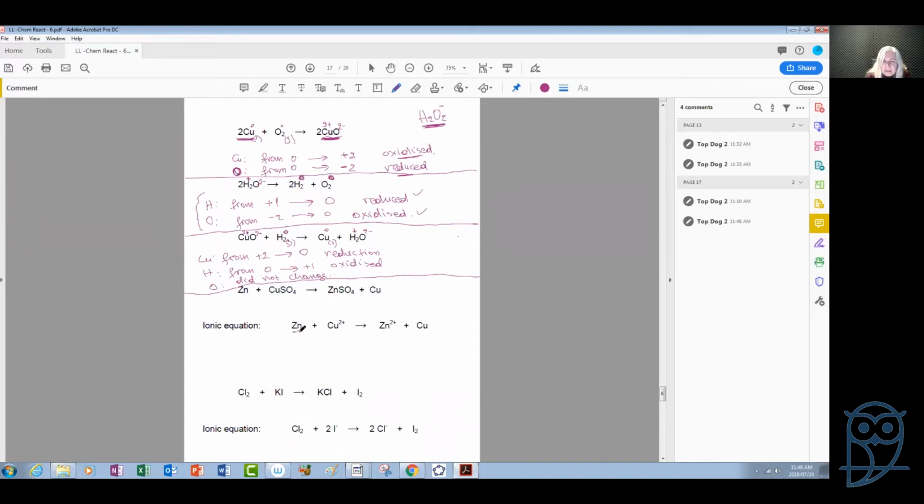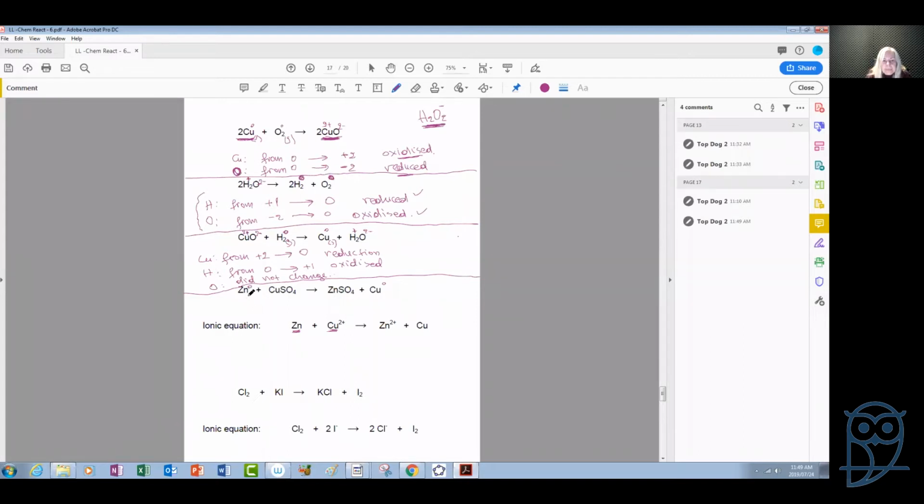The remaining, which are spectators, are not considered. So let's see this reaction, the complete reaction. Zinc here, being an element, has an oxidation number 0, and here copper has an oxidation number 0. Came out from the solution.